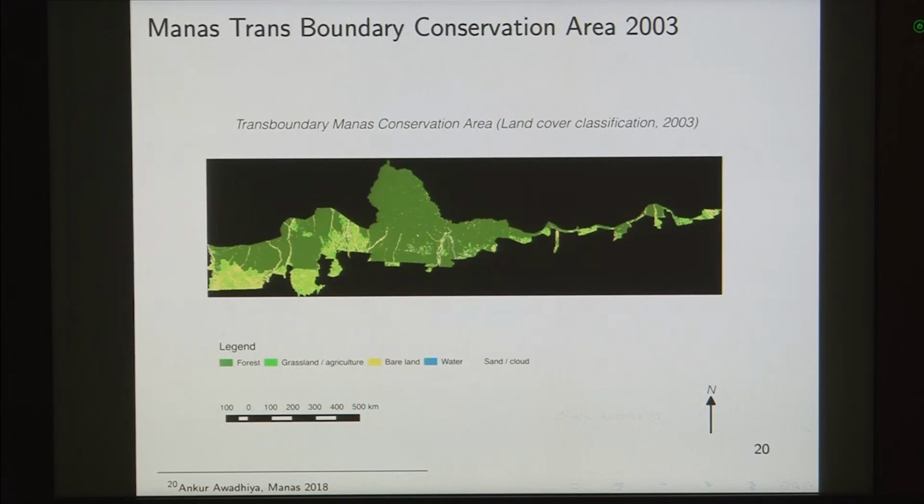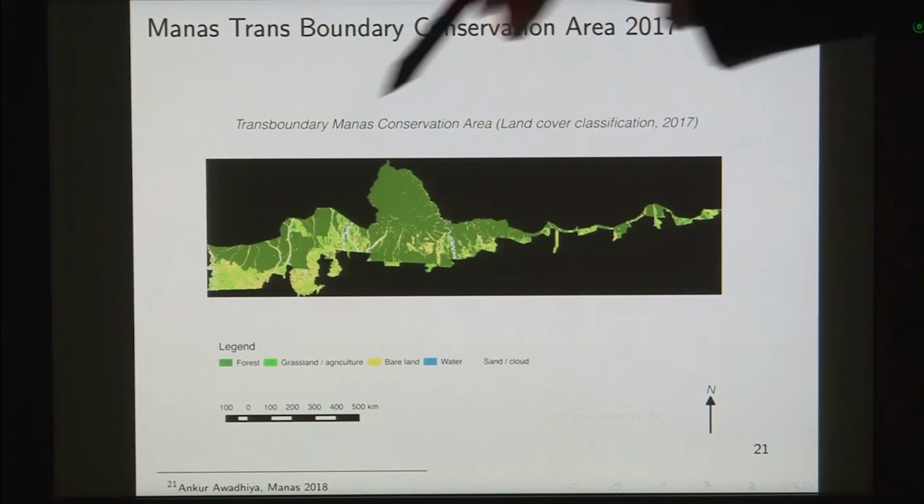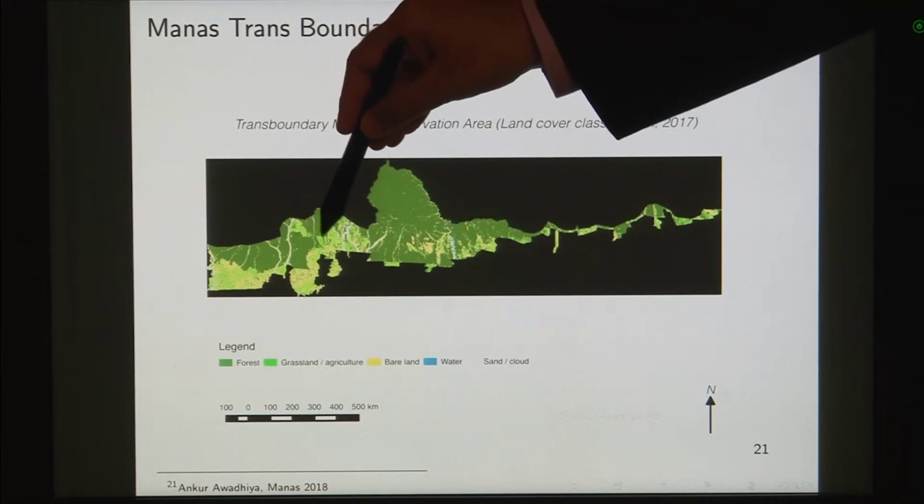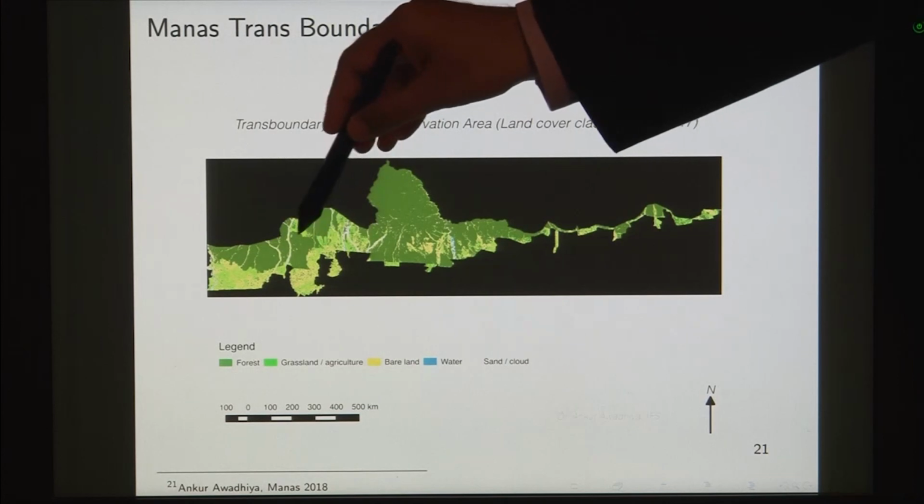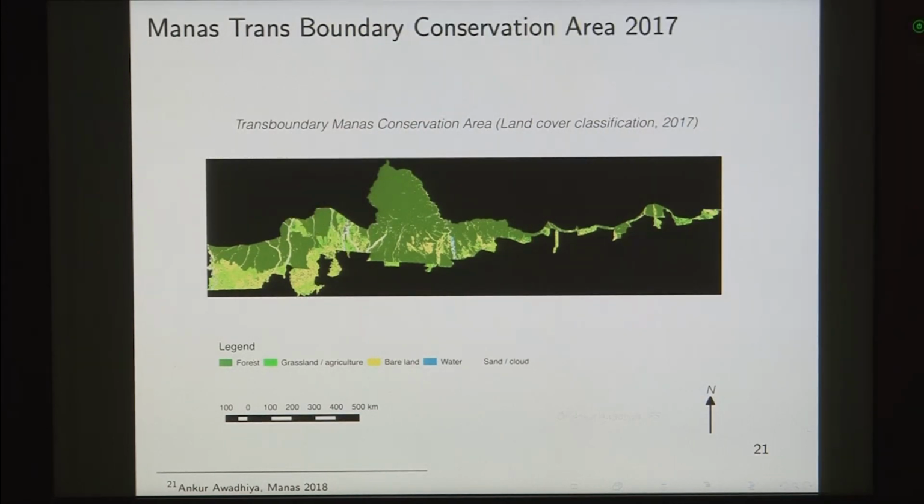Now, if we look at this area from 2003 to 2017, we observe that we are losing out these corridors as well. So, now there is complete disconnect between both of these areas. So, even the corridor connectivity that is so important for the animals is now getting more and more lost with time.